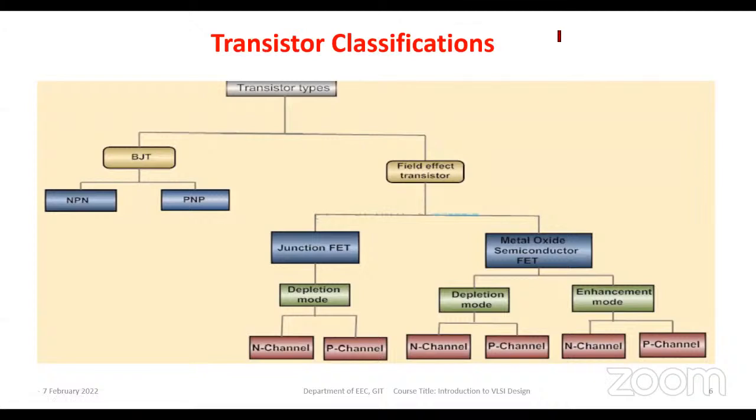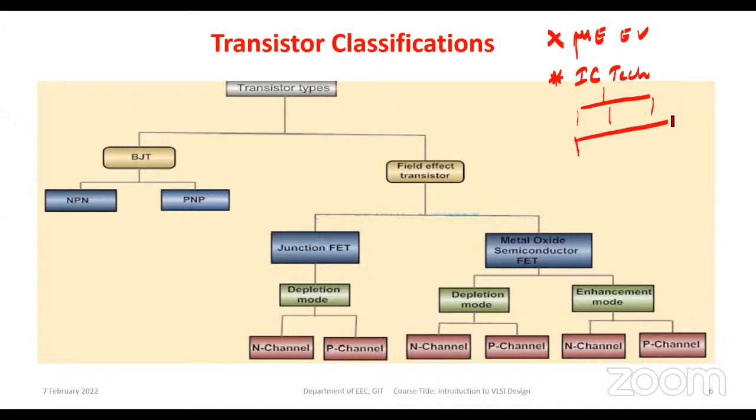So we started with the microelectronics evolution, and we noticed that IC technology is the most important one. These ICs are also classified into different types based on their requirements, their material properties, the number of transistors, or the type of transistor.